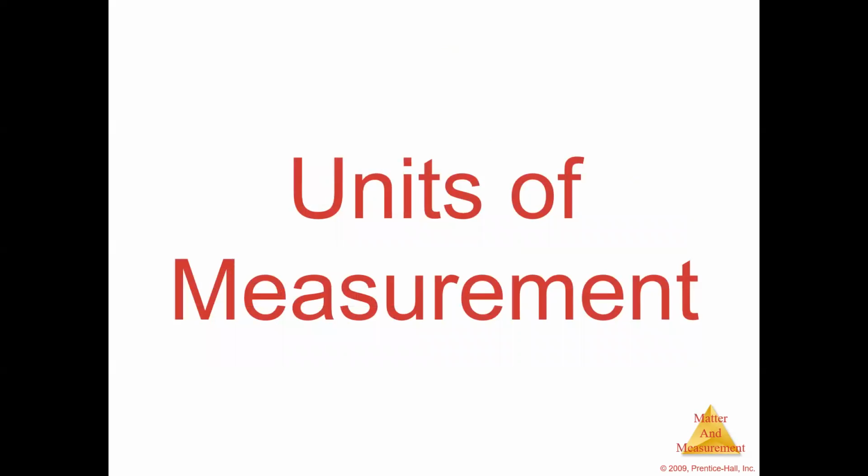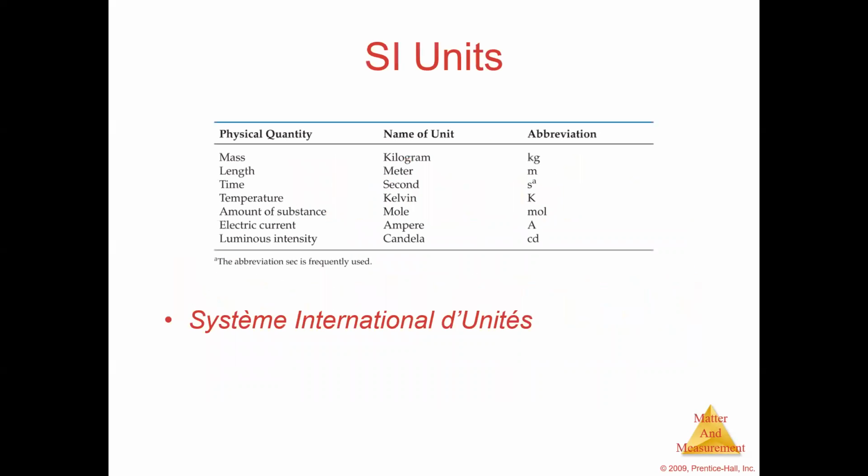All right, so units of measurement that we are going to have here in chemistry this semester. We are going to be getting comfortable with the SI units, which are different than what we use every day. We tend to use the British system, which makes no sense.